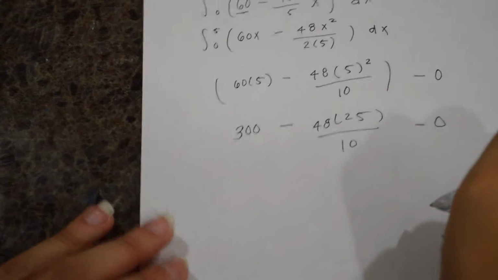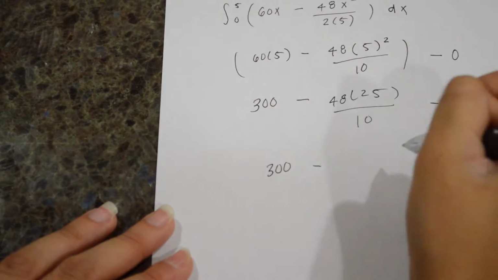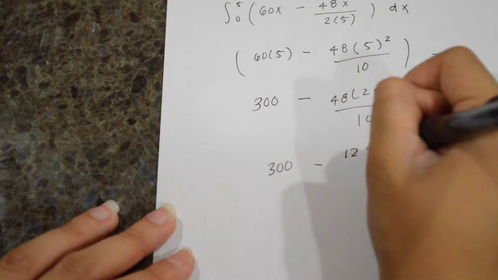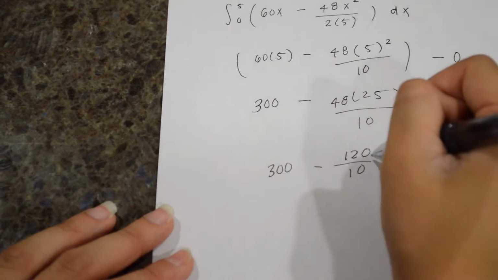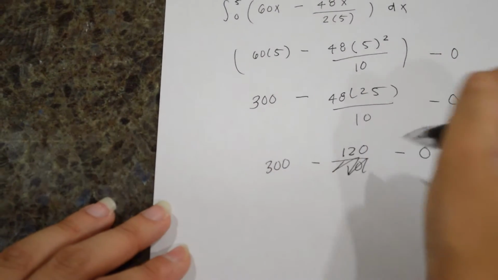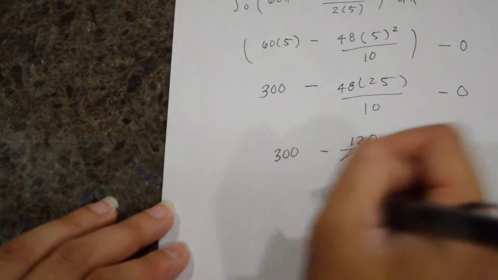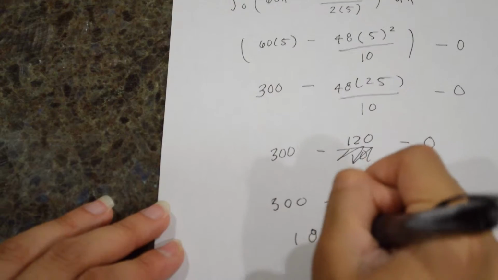And so it would end up being 300 minus 120, just 120, and that would be 180 calories.